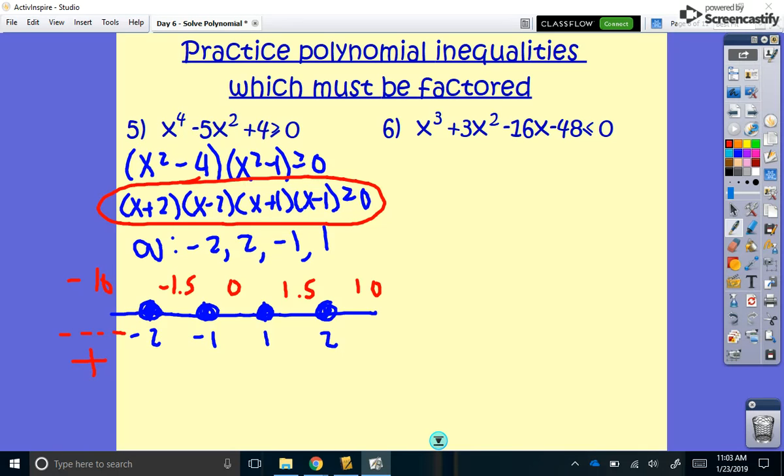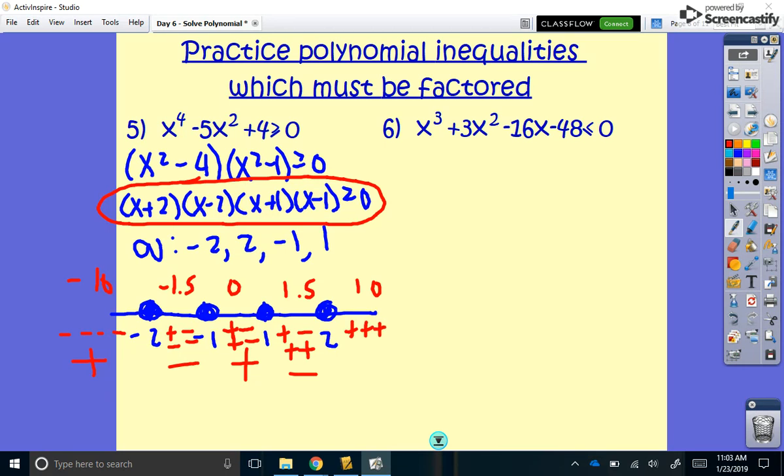For negative 1.5, I have positive, negative, negative, negative. 3 negatives gives me a negative. If you don't understand where those little signs are coming from, ask your neighbor and see if they can help you. For 0, I have positive, negative, positive, negative, which is positive. For 1.5, I have positive, negative, positive, positive, which is negative.